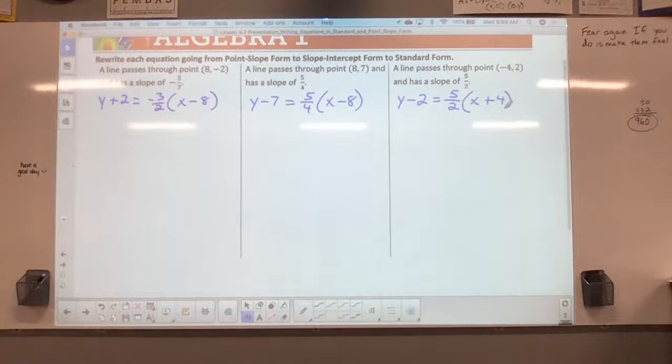Yes, distribute first. So what you're doing is you're going to distribute that fraction first, and then you'll include the slope-intercept. So there's a 2, and you can subtract that.